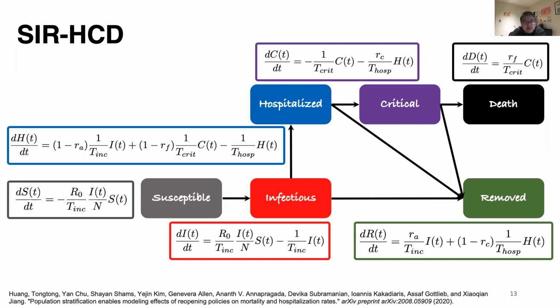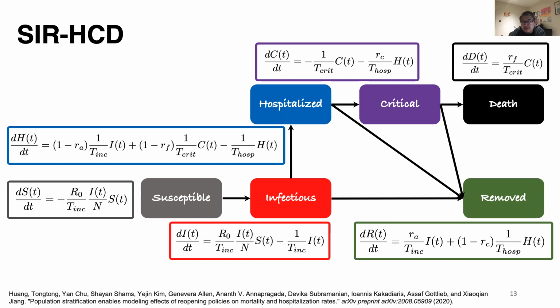The symbol T_inc denotes the average incubation period of COVID-19, and in the equation that models HCRD, T_hosp represents the average time that a patient is in a hospital before either recovering or becoming critical.